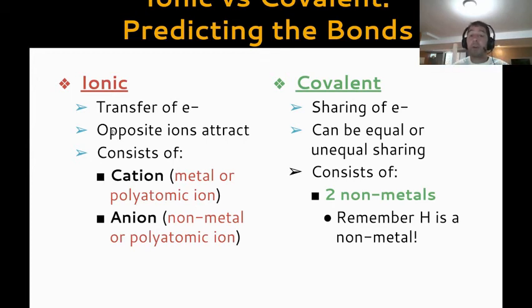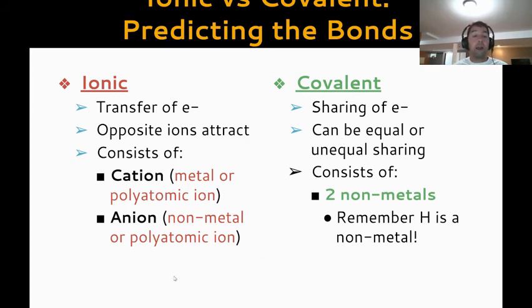You guys probably know that opposites attract, right? Positives attract negatives. So that's how it works with ionic bonds. We have a positive ion, we have a negative ion. They attract each other because they are opposite charges. Covalent bonds, they share their electrons, and sometimes they share them equally, sometimes they share them a little bit unequally.